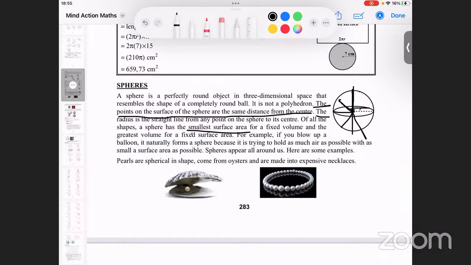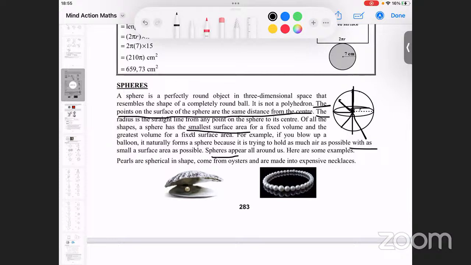For example, if you blow up a balloon, it naturally forms a sphere because it is trying to hold as much air as possible with as small a surface area as possible, right?